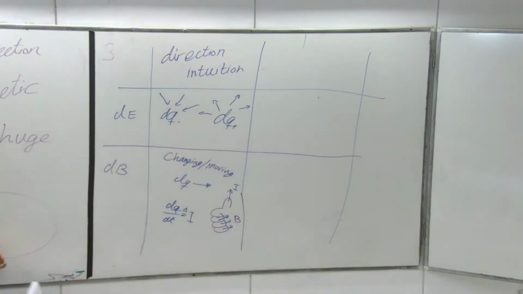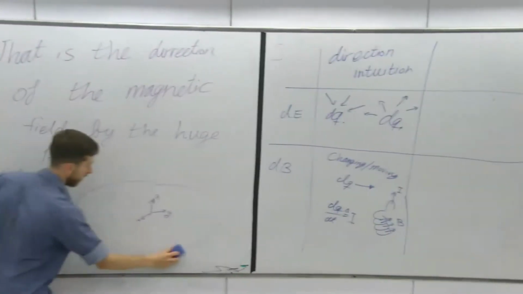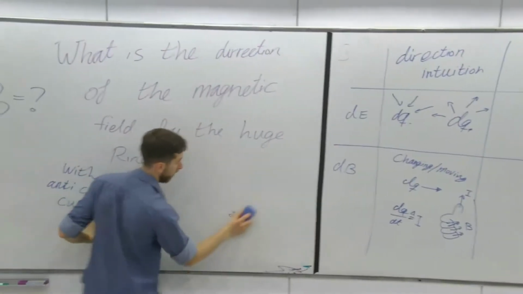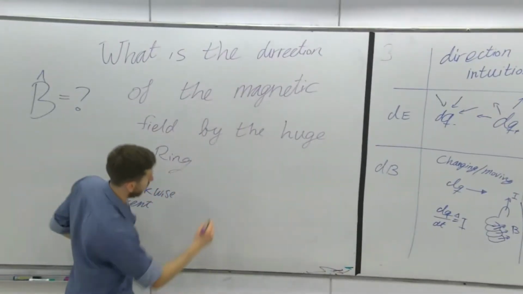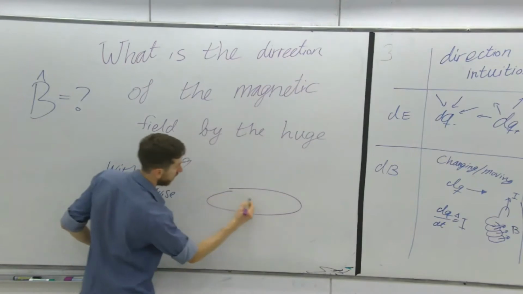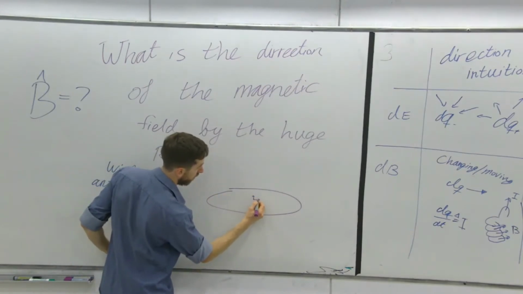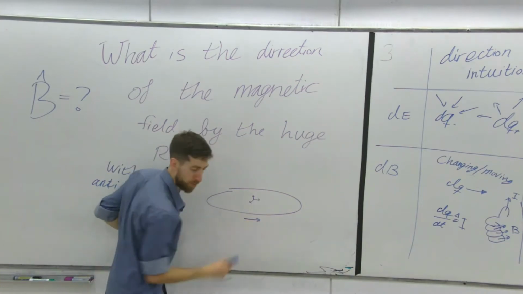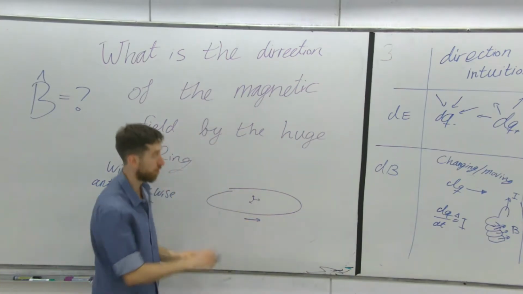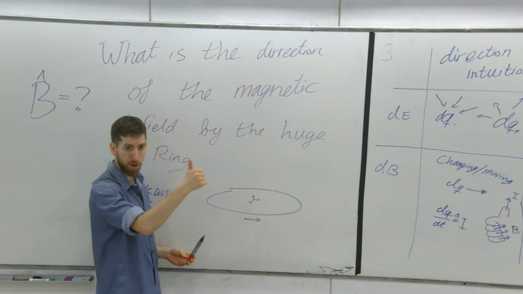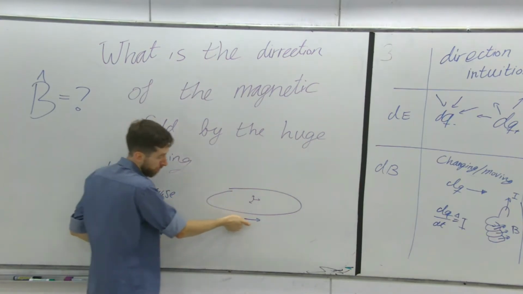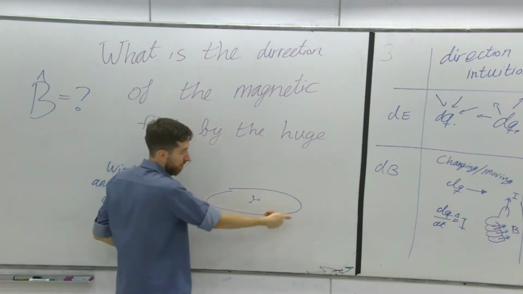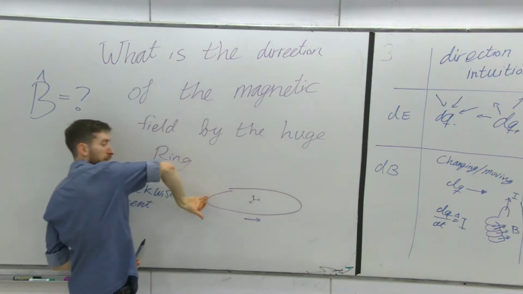So if we go back to our ring, let me draw the ring a little bit narrow so you can actually see it in 3D. So I'm going to do it a little bit flatter, like this, right? And this is our axis. So if I have a current in that direction, and the magnetic field is going to be in red, what I need to do is take my right hand, follow the wire, and the fingers tell me what the magnetic field is.